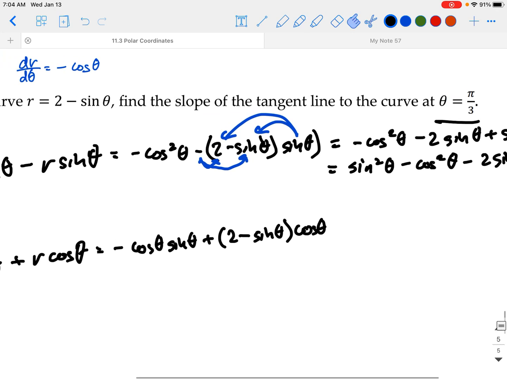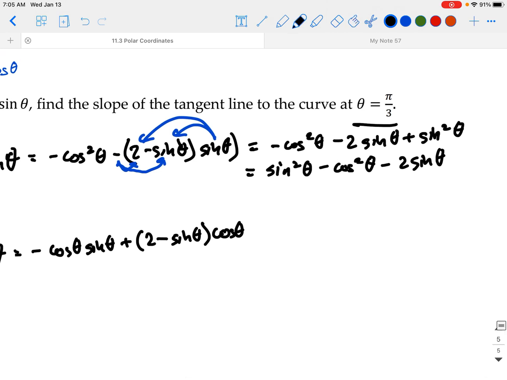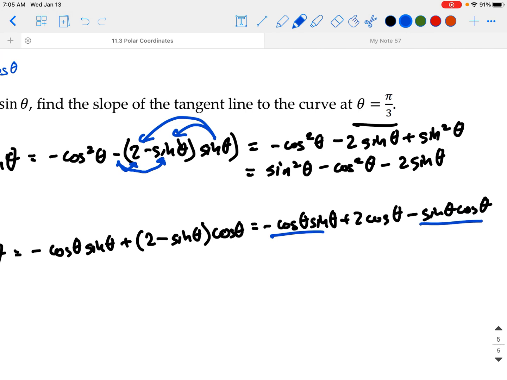Okay, so let's see. And then for our y term, we'll do the same thing. So for dy d theta, we get negative cosine theta sine theta plus 2 cosine theta, and then minus sine theta cosine theta. So these two can combine, and we'll just get 2 cosine theta minus 2 sine theta cosine theta, which we can just write as sine 2 theta.